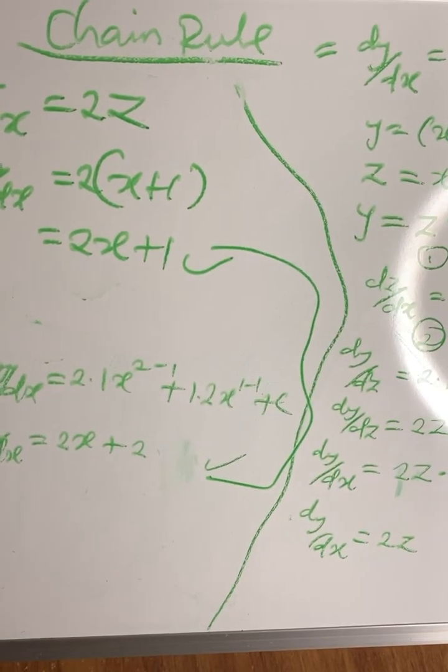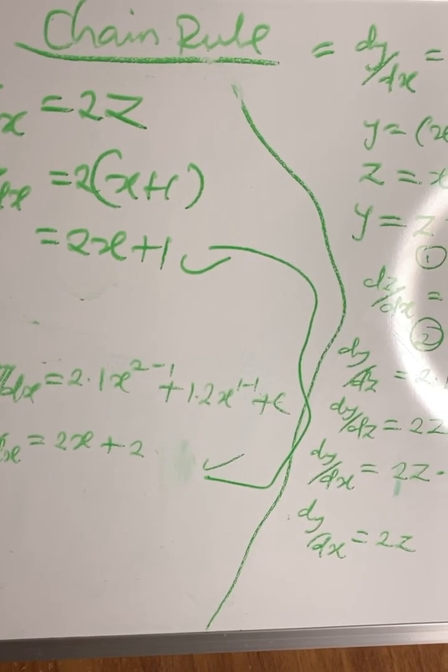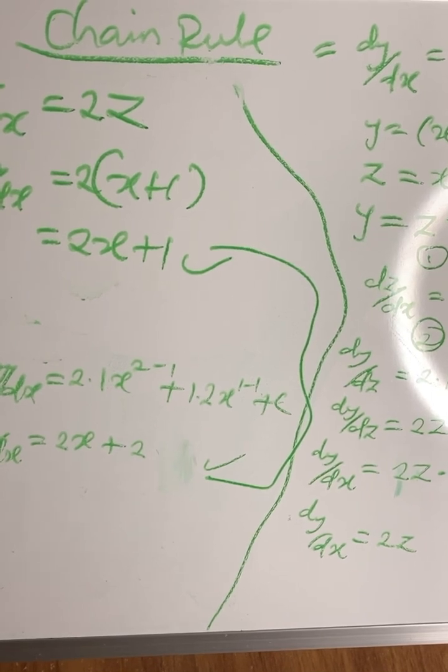If we use our chain rule, we're going to get the same answer as the normal formula. However, the reason for employing chain rule here is if you have a higher number as a power. That's where this chain rule is very, very effective.